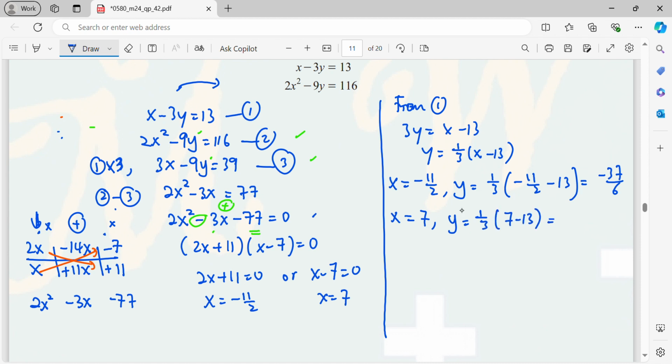So you will be getting minus 2. So my final answer, x equals to minus 11 over 2, the y is negative 37 over 6, or x equals to 7, the y is minus 2. Okay, so I have two results, two pairs of answers here.